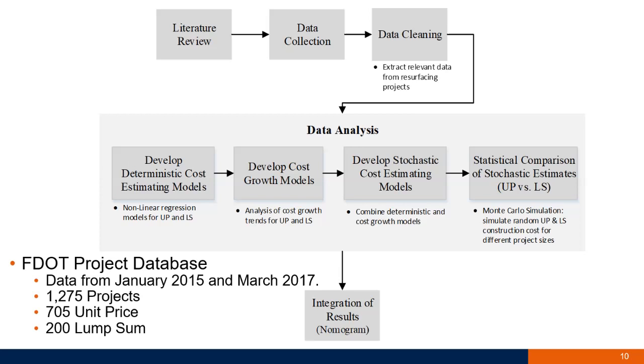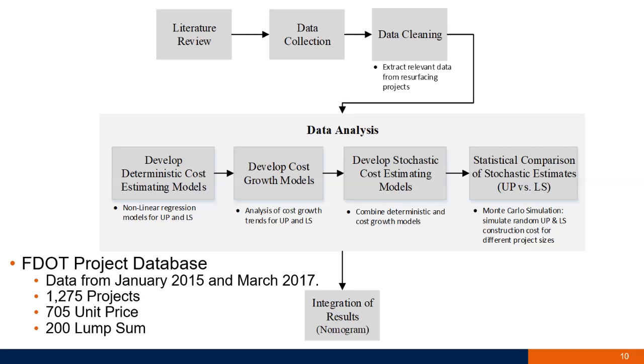Nomogram. So we developed deterministic cost estimating models using nonlinear regression for both project types in the study, the UP and the lump sum. Then we developed cost growth models, and then we developed a stochastic model by joining the deterministic and the cost growth model.